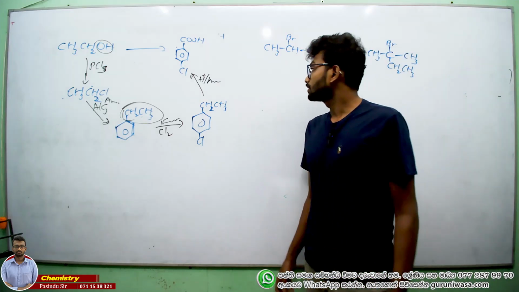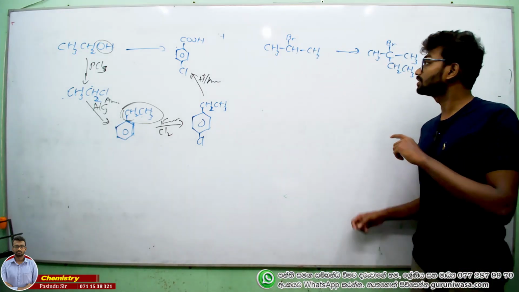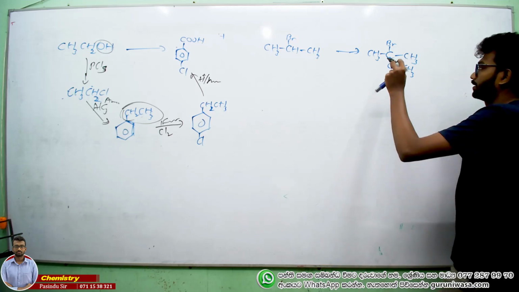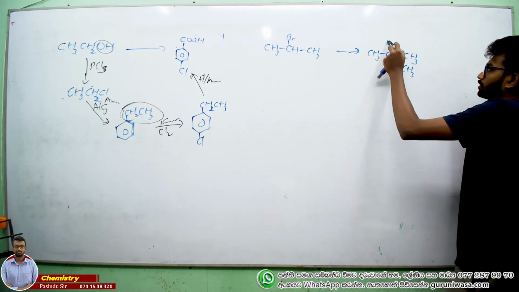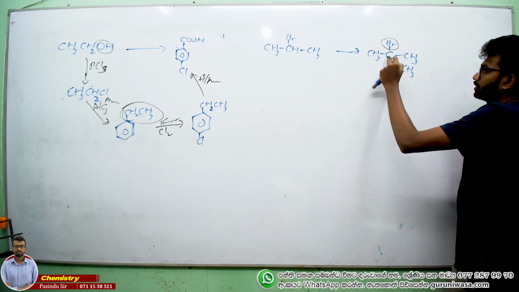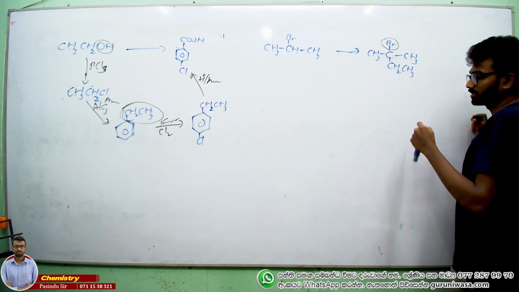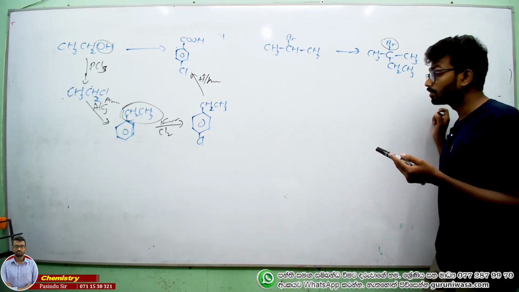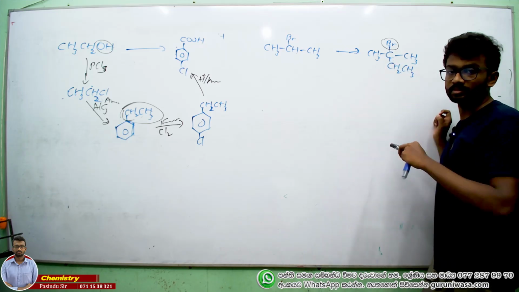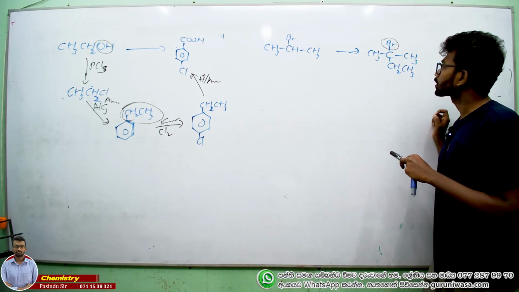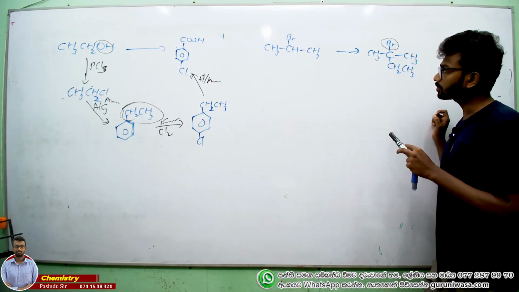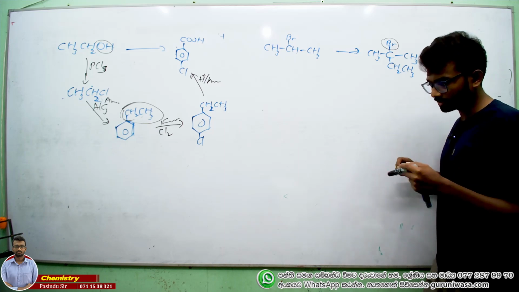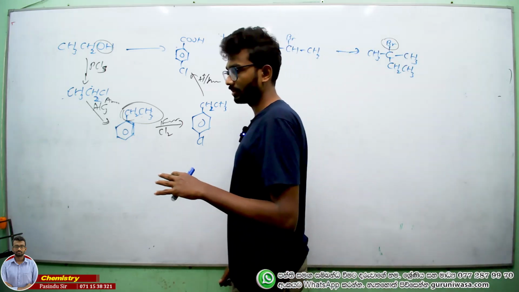Right, so when you see this kind of structure, here there are 3 carbons, right? This one is a tertiary alkyl halide. So basically in conversions, if you see any tertiary something, right?